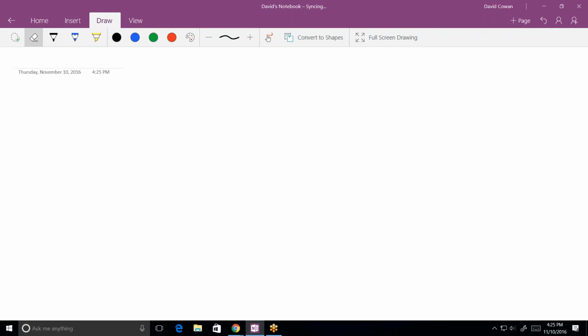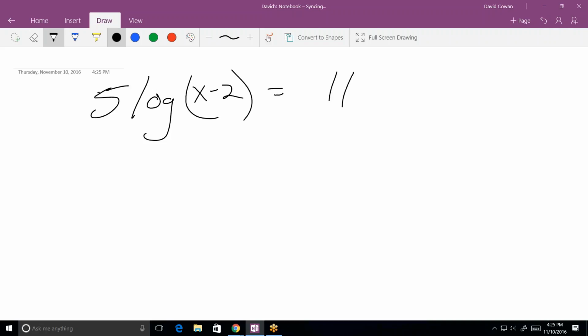Okay. The next problem is 5 log base 10, so just common log, of x minus 2 equals 11. Same solution. What's the next line? Log of x minus 2 to the 5th.